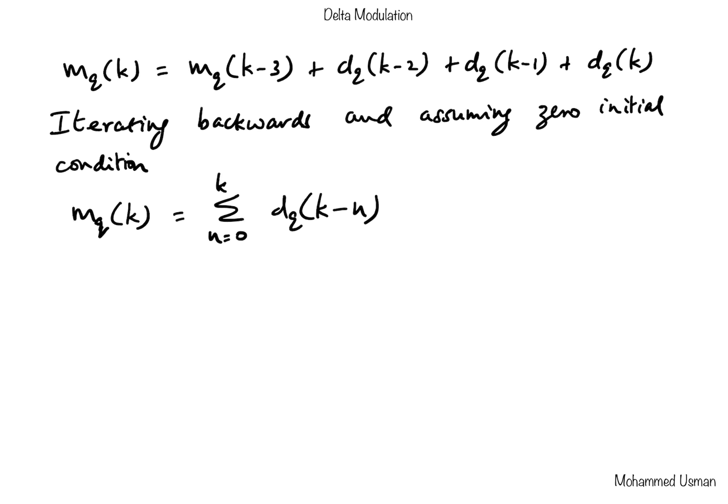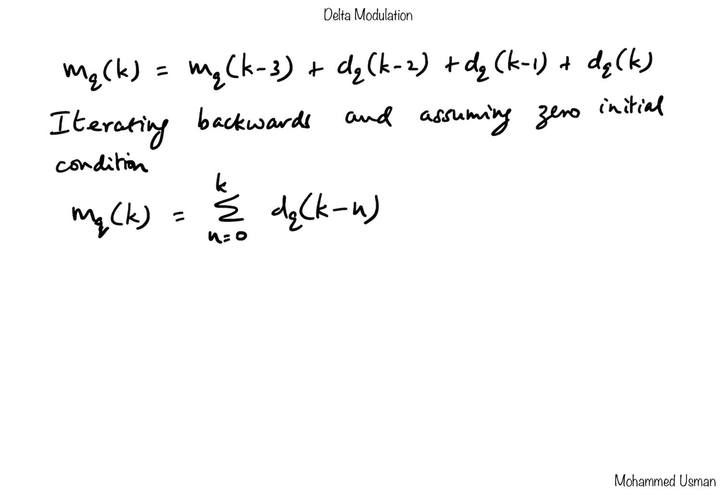So we see that the delta modulation receiver part, where we want to reconstruct mq of k, which is the quantized version of the sample m of k, is obtained by adding these dq terms.